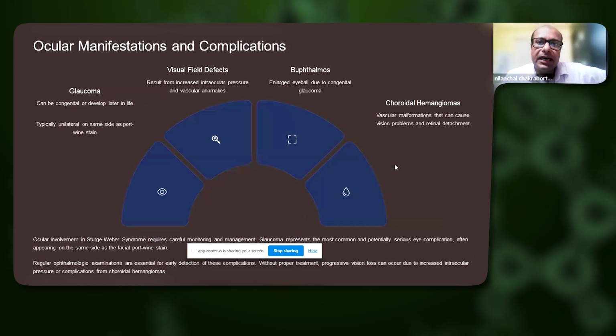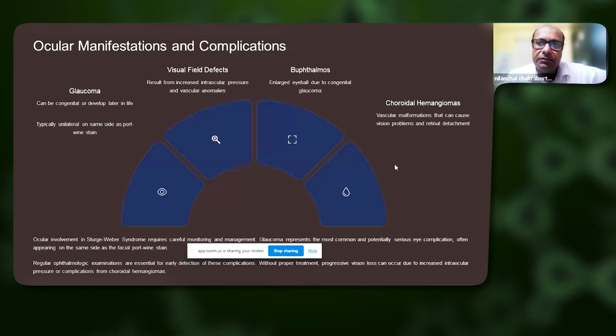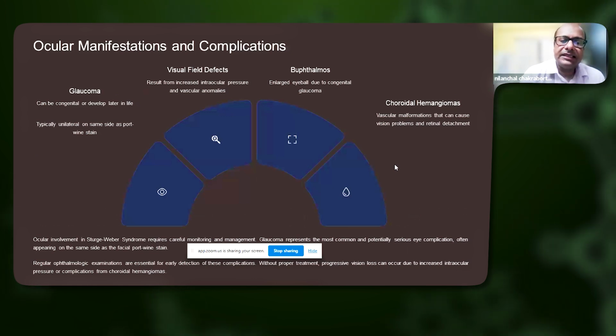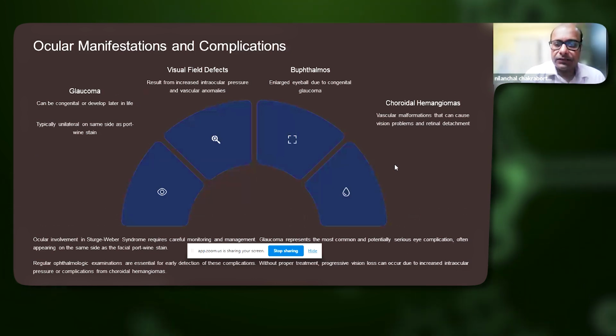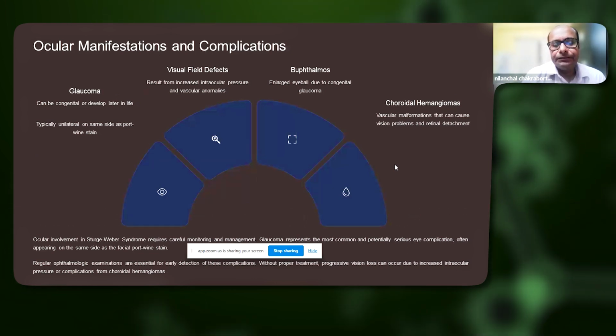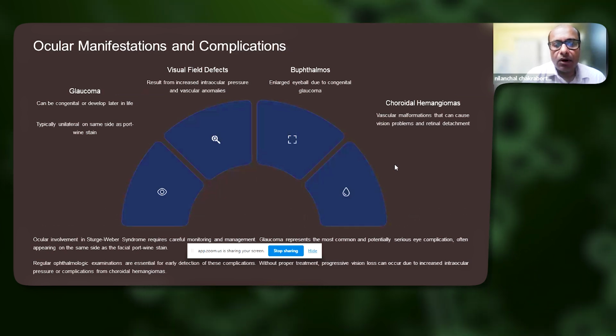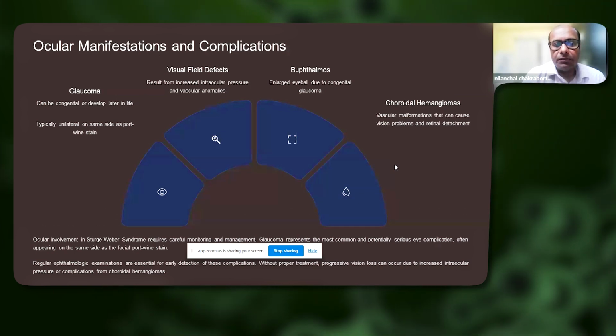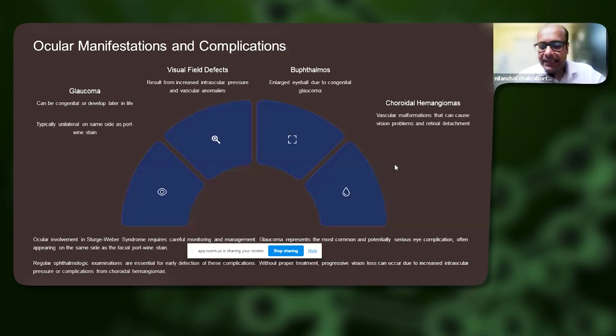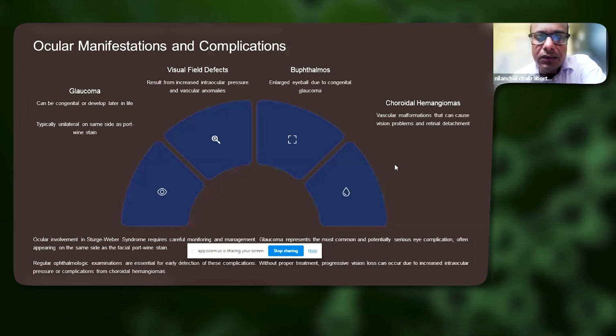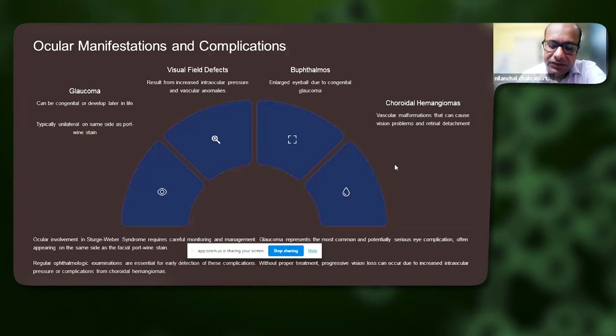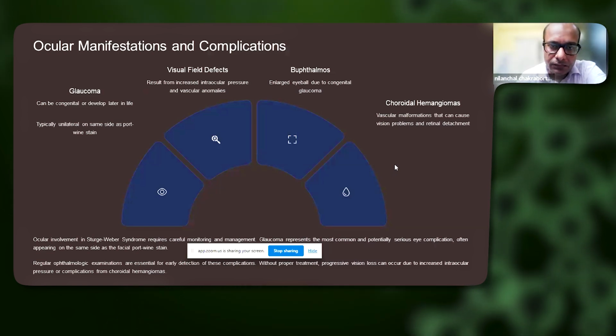There may be enlarged eyeballs, like buphthalmos, and maybe some choroidal hemangiomas in the ophthalmology part of the questionnaire. Along with that there will be symptoms of seizures or signs of port wine stain in the skin as a clue, so that you can diagnose Sturge-Weber syndrome.